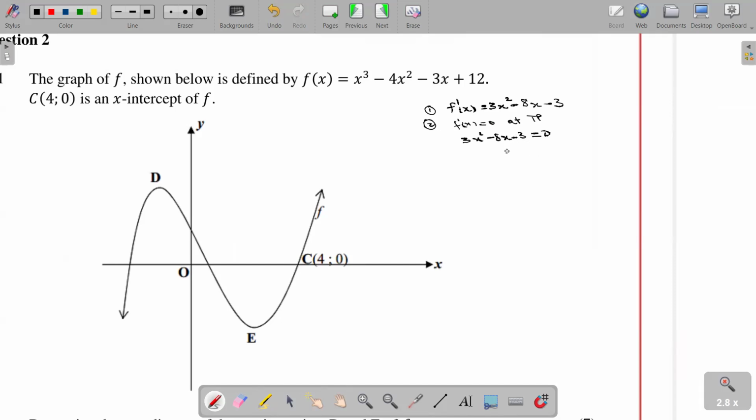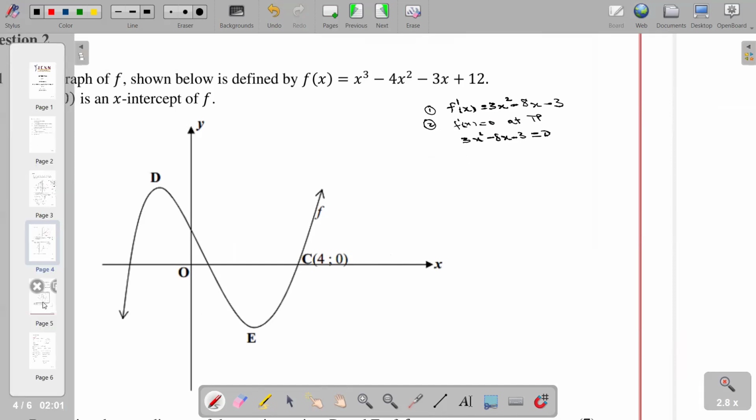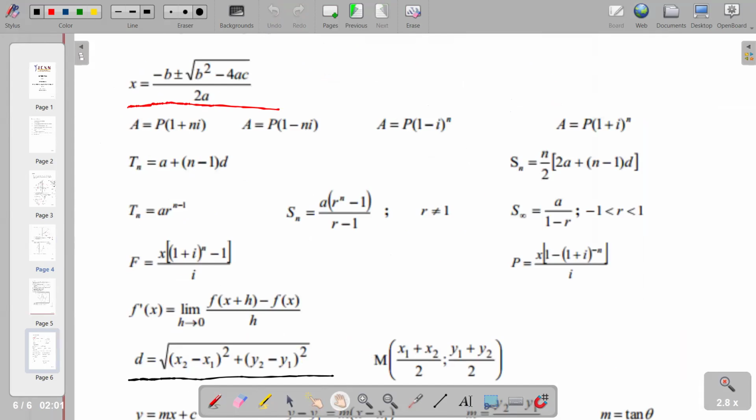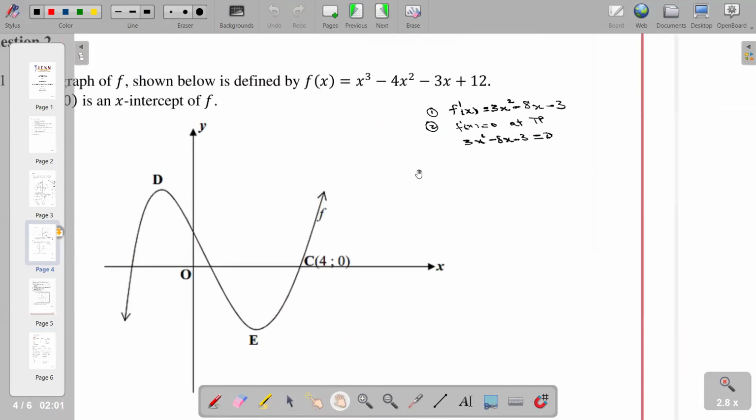Then you can use any method, factorization or quadratic formula. But in this case, we are going to use the quadratic formula, the first formula from our formula sheet. You just have to copy and apply that. So that's our step number 3.